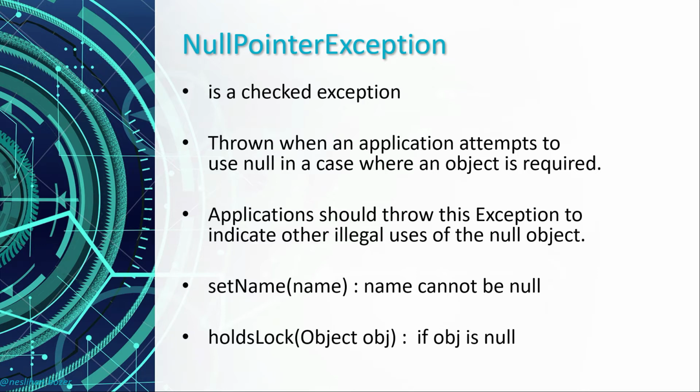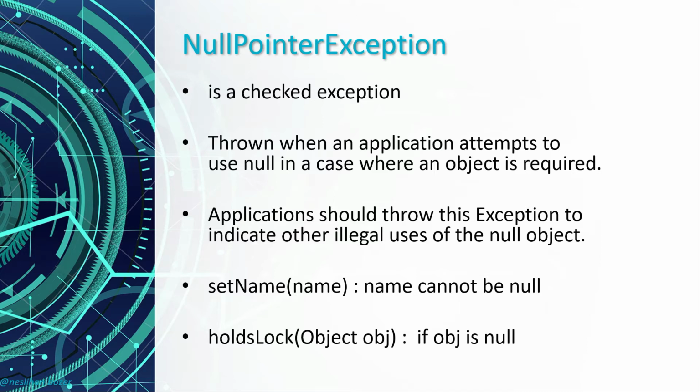These cases include calling the instance method of a null object, accessing or modifying the field of a null object, taking the length of null as if it were an array, accessing or modifying the slots of null as if it were an array, and throwing null as if it were a throwable value.